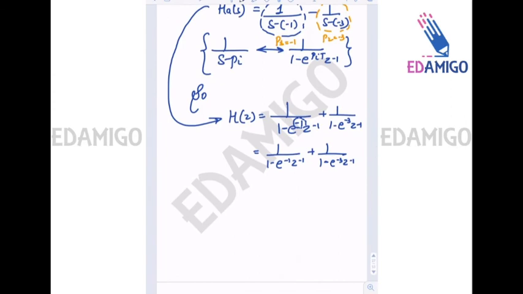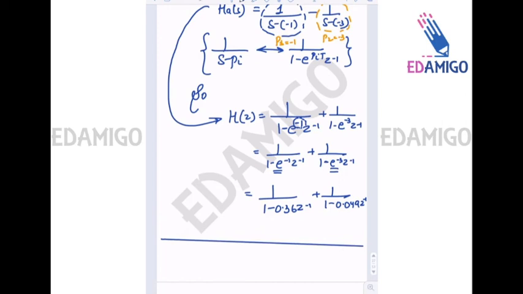So we can easily put in the values of e to the power minus 1 and e to the power minus 3, and we get 1 upon 1 minus 0.36 z inverse, minus 1 upon 1 minus 0.049 z inverse. Okay, so this kind of question can be asked in any competitive exam.